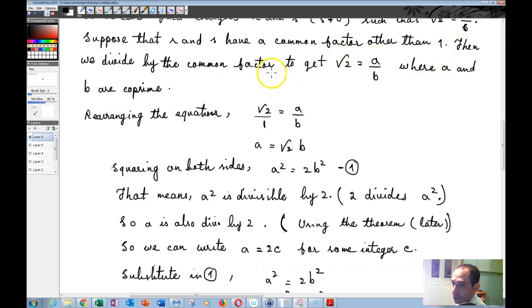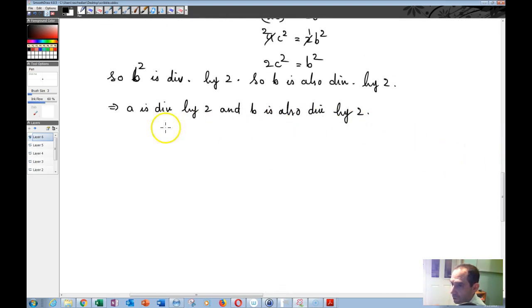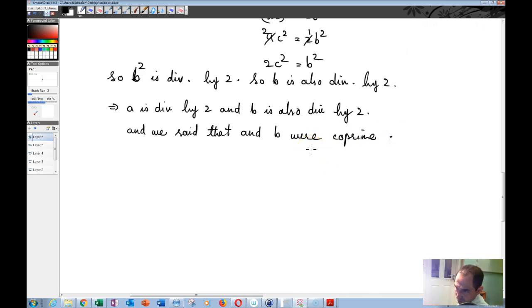But the problem here is that we said we divide by the common factors to get the square root of 2 is equal to a by b, where a and b are coprime. When we say that a and b are coprime, that means that they cannot have any common factors other than 1.